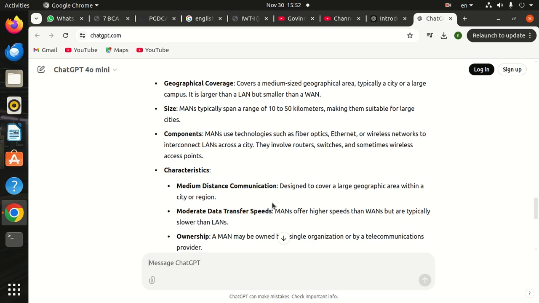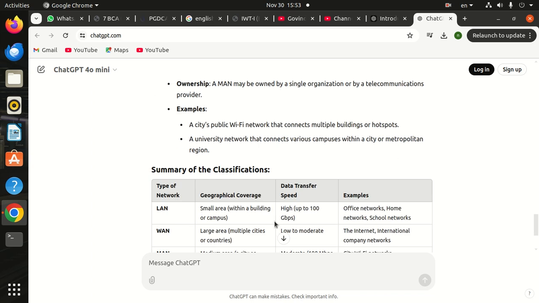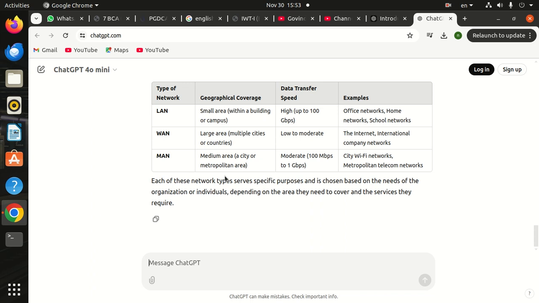Characteristics: medium distance communication, designed to cover a large geographical area within a city. Moderate data transfer speeds, which are higher than a WAN, right? And slower than a LAN. Ownership: a MAN may be owned by a single organization or by a telecommunication provider. Example, a city public Wi-Fi network. Second, a university network.